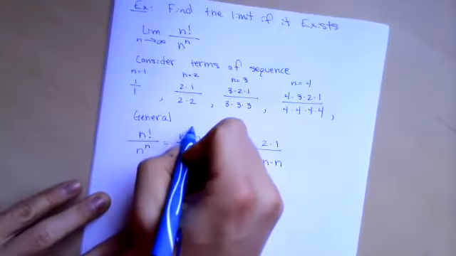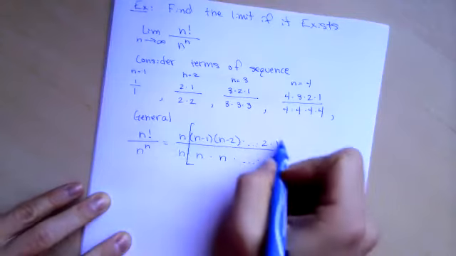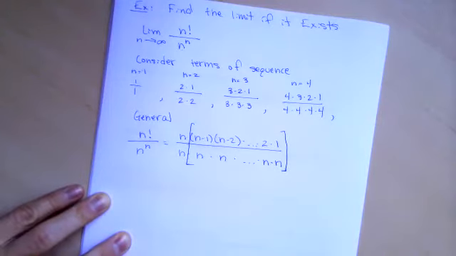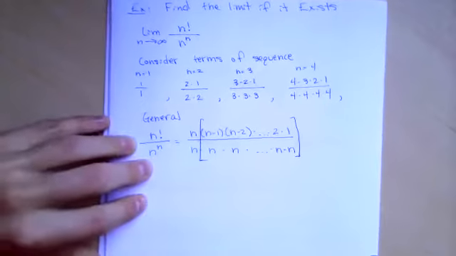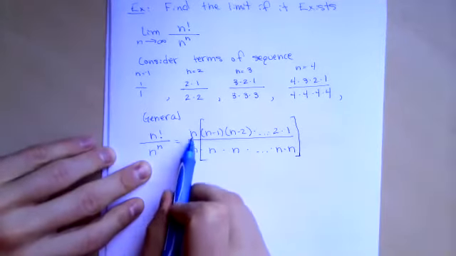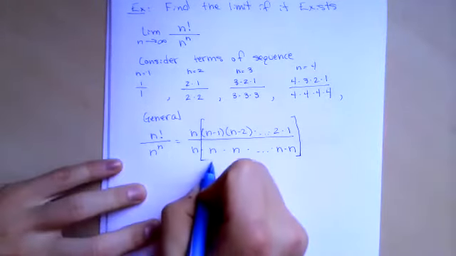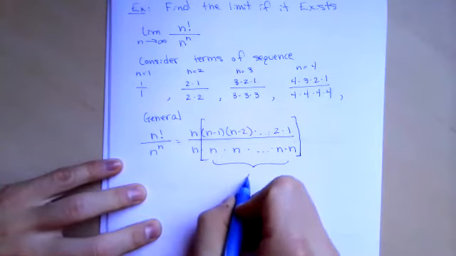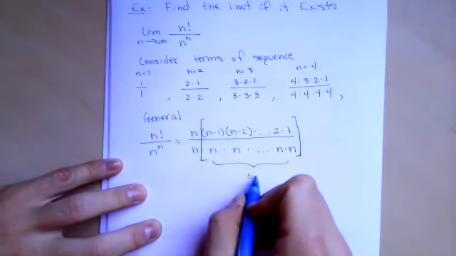We can see what's going on here, that this first term, the ratio is going to be 1, but this guy is always less than or equal to 1.